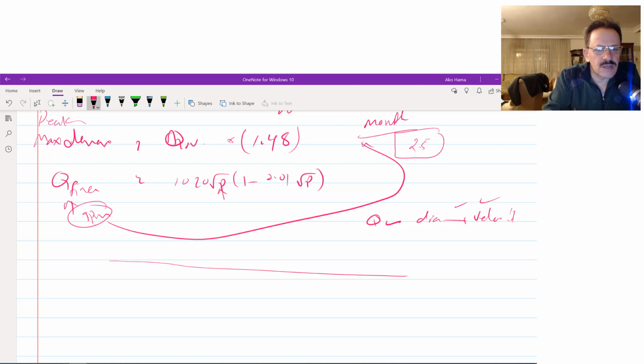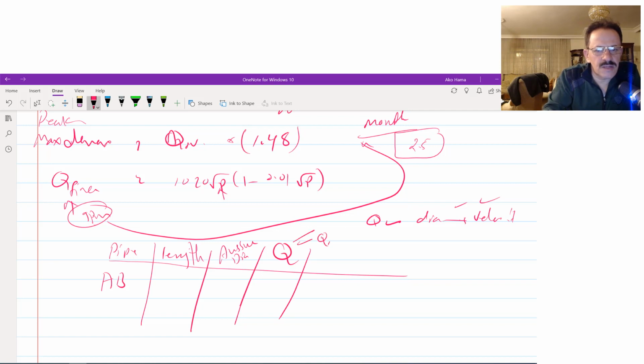Now you can draw a table. For example, I have pipe AB, the length of the pipe and the assumed diameter. Now the Q, which is equal to Q maximum, the maximum demand plus the fire, and now you have to find the velocity, which is equal to Q divided by the area of the pipe.